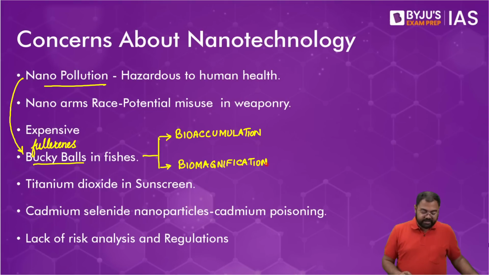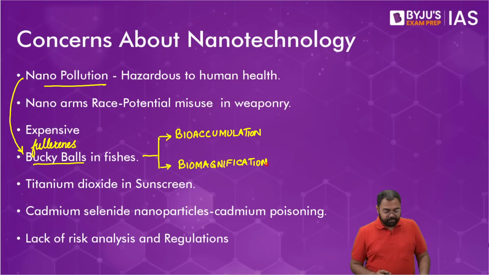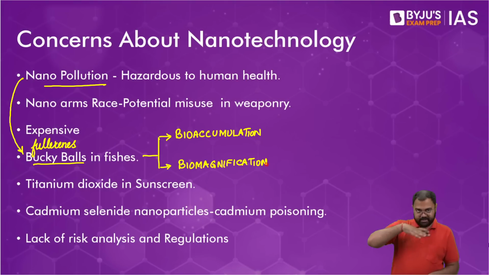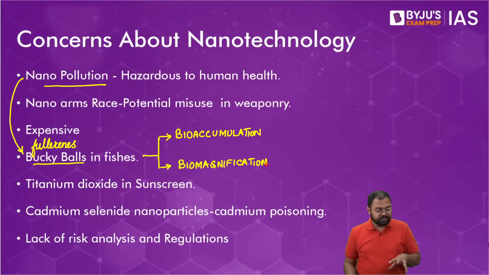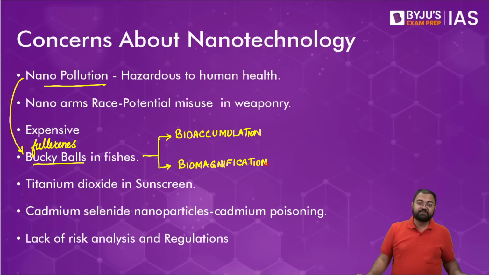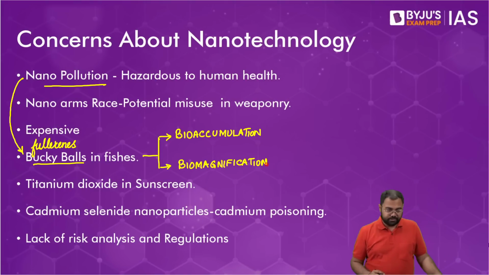Because of that, we see that there will be an increase in their levels. Bioaccumulation is when it is happening horizontally in a species at a trophic level, and biomagnification is when it goes on from one trophic level to another, from lower trophic level to higher trophic level. So, because of all this, the pollution levels will only increase from lower trophic level to higher trophic level. So that's why this also is a problem.